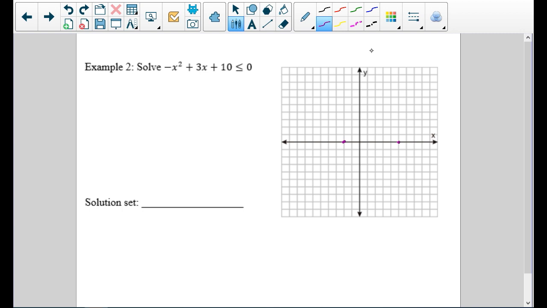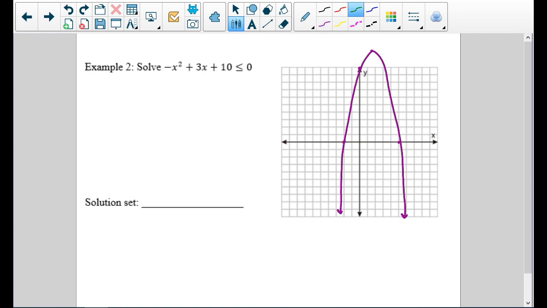Again, it kind of goes up off our graph. That's okay. This is just a sketch, okay? And then the y-intercept was 10, here. So here's my graph. Again, I'm not even too worried about this other point on the other side because we're looking for this solution set. What x's make this true, okay?